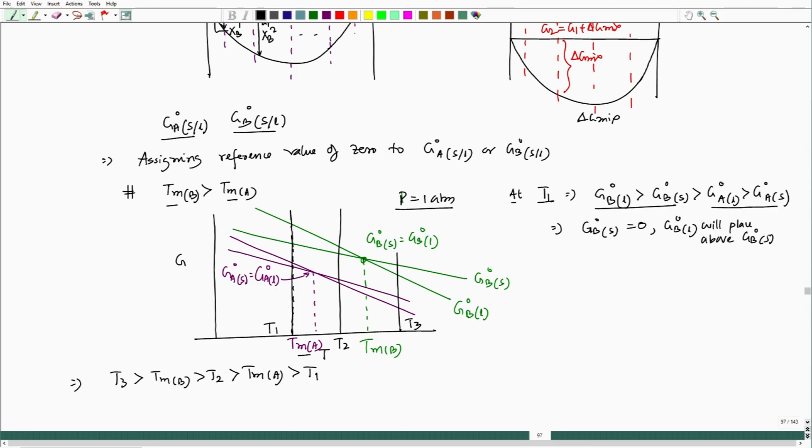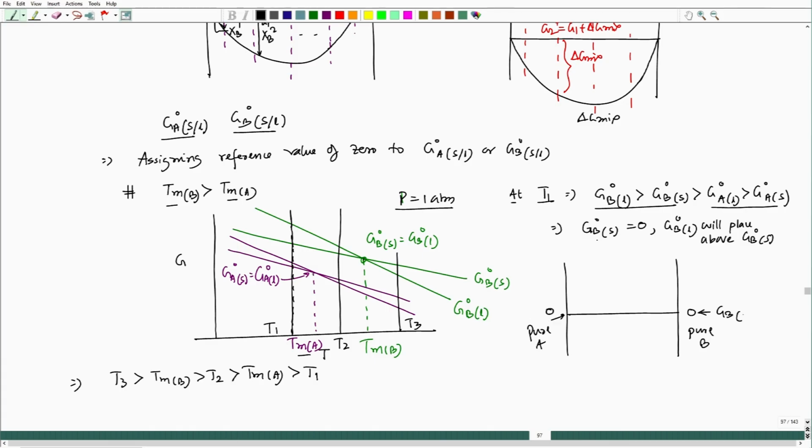On the G versus X_B plot, we will show how it looks. Let us say this is the B side, this is the A side. Now, let us say this is my 0. We see that G_B^0 solid is to be taken as 0, so I can put this value for pure B, and this is pure A, this point, which is also 0.